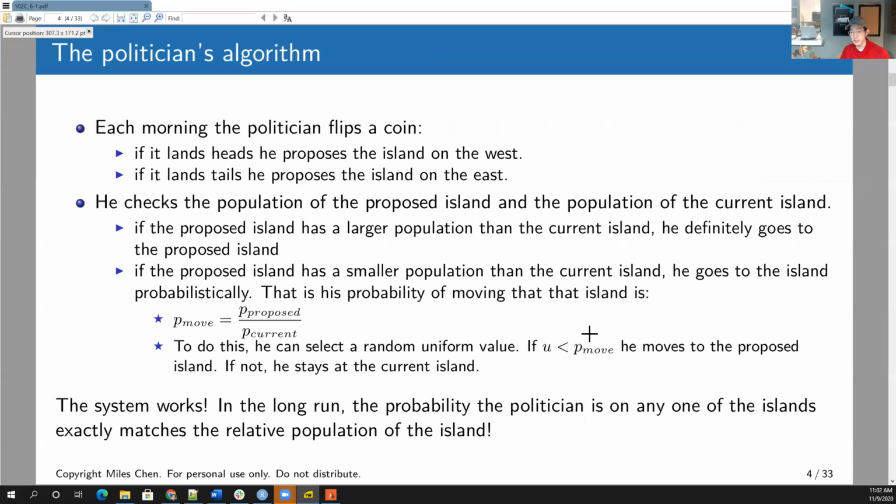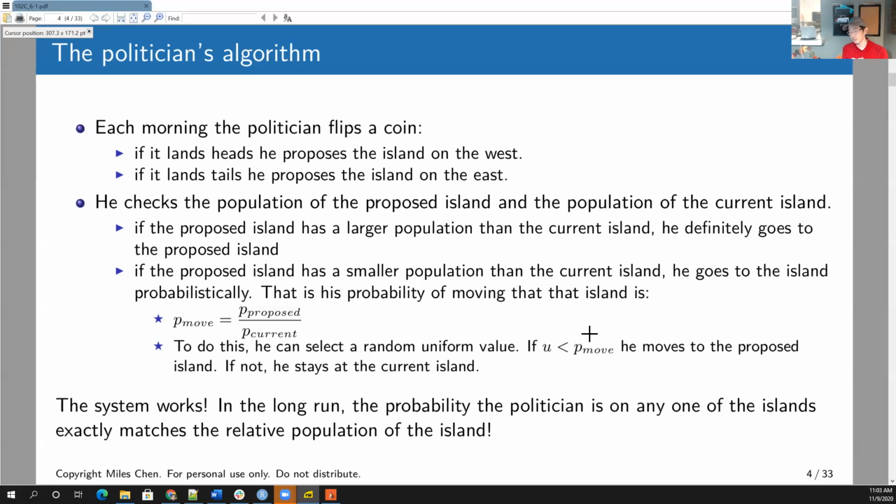And this is the algorithm, how the politician decides where to move. Every morning, the politician flips a coin. If the coin lands heads, he proposes the island to the west. If it lands tails, he proposes the island to the east.